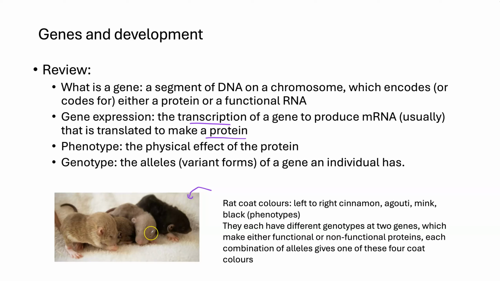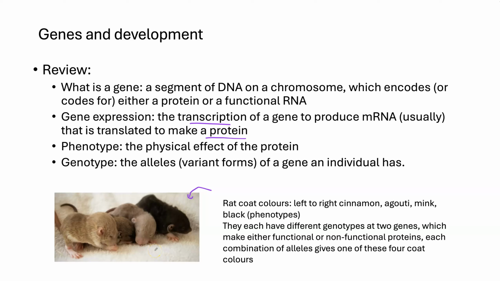This is a kind of yellowish color, and this one has the same allele that this one has, with little speckles on the hairs. And so you can see these four different colors: cinnamon, agouti is the name for this one, mink, and black. And so these are a set of phenotypes, but each of the phenotypes is dictated by having a particular genotype, a particular set of alleles at that particular gene.